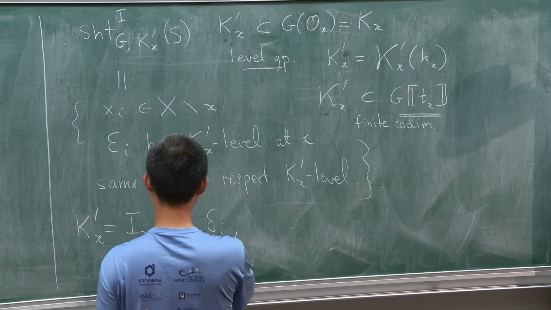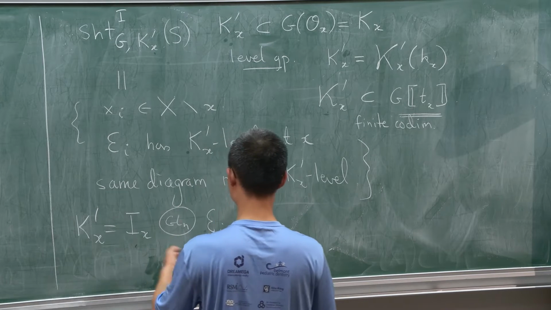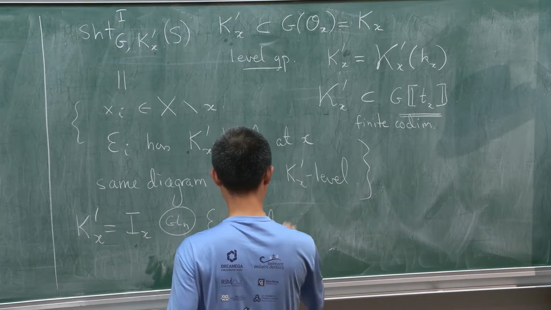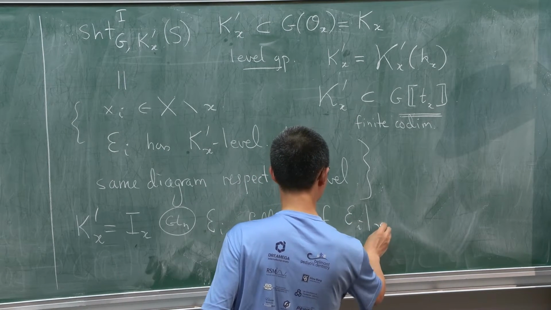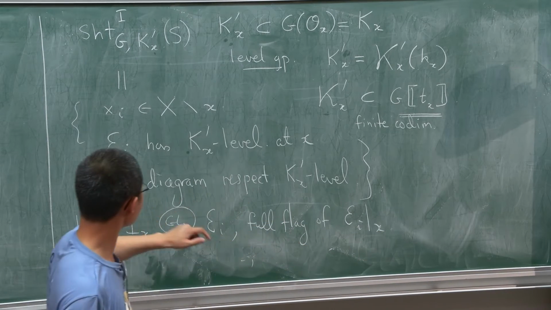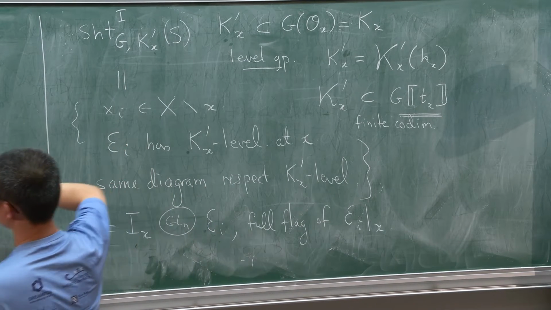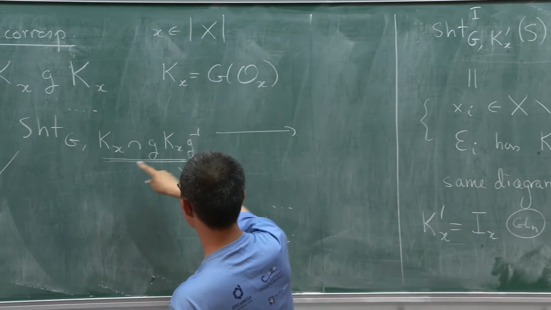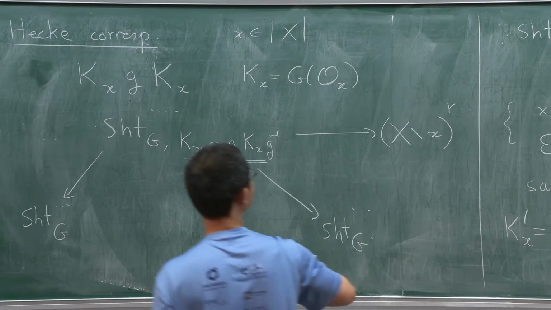So E_i, a vector bundle, so in the GL_n case, with such a level structure, it means a bundle with a full flag of the fiber of E_i at X. And then all the maps have to preserve that full flag at X. And that only makes sense if your leg is away from X. Okay. So this stack, by our convention here, it lives away from X.